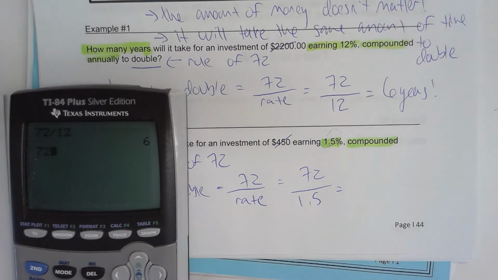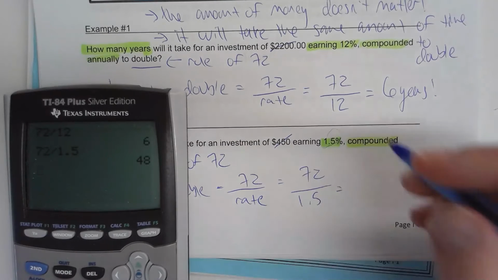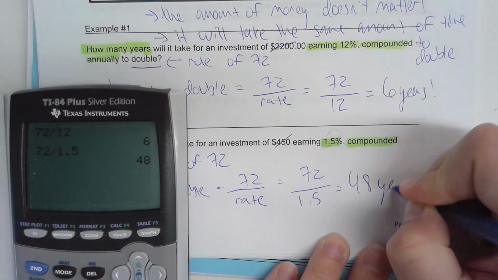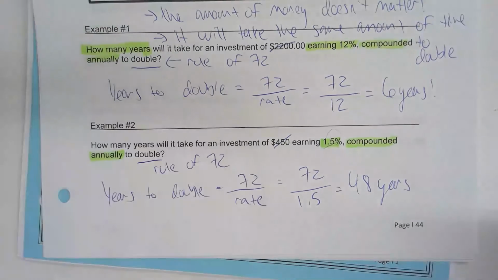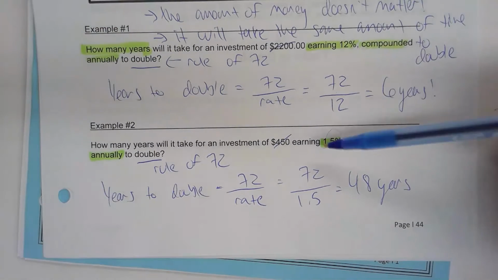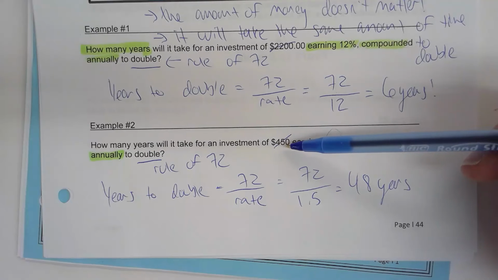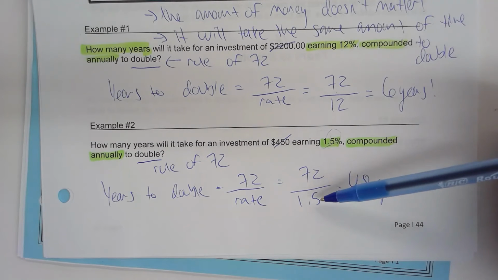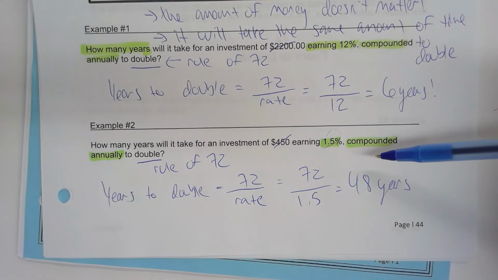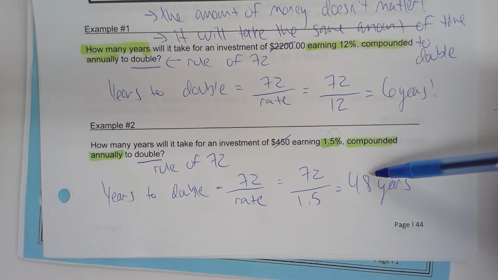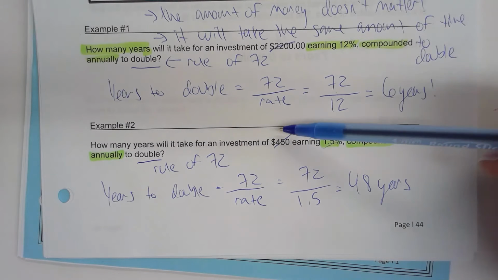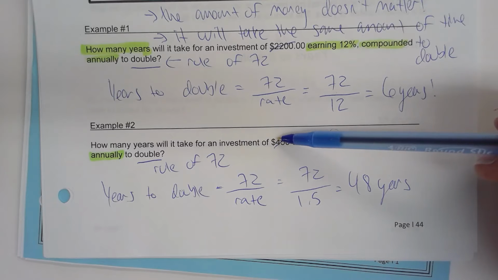Oops. 48 years. That's a lot longer, isn't it? So I started off with not that much money, to be honest with you. I let it sit in an investment for 48 years. After 48 years, this $450 will become $900. So it'll be twice as much.